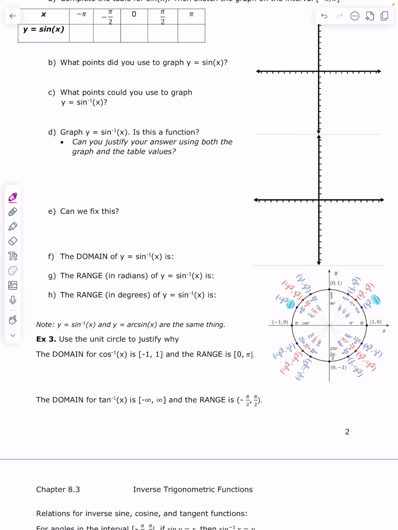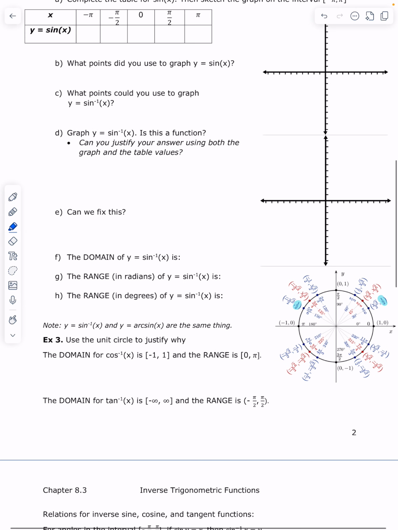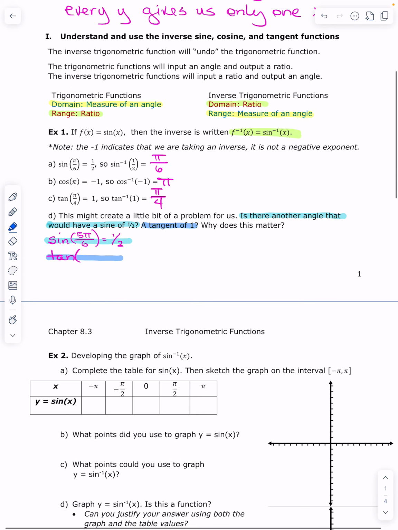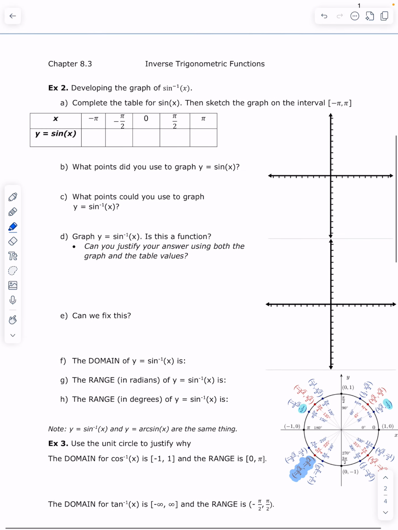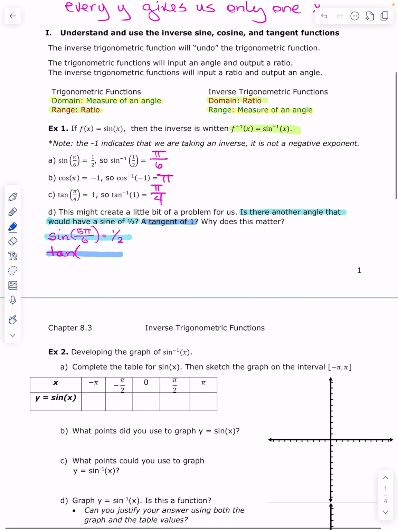In quadrant 3, I have a cosine and sine of negative square root of 2 over 2. So at 5 pi over 4, our tangent is also 1. So this causes a little bit of a problem for us.